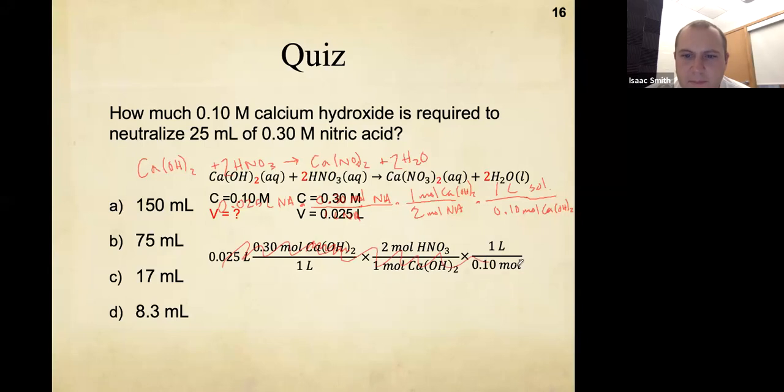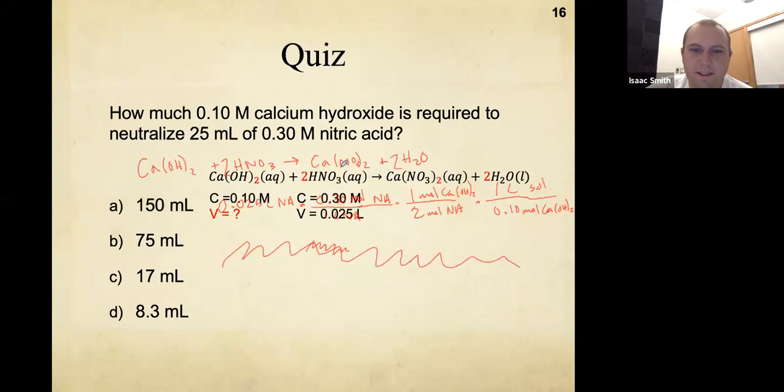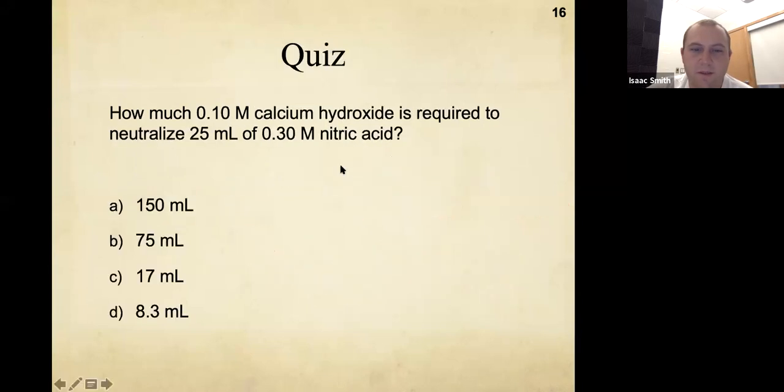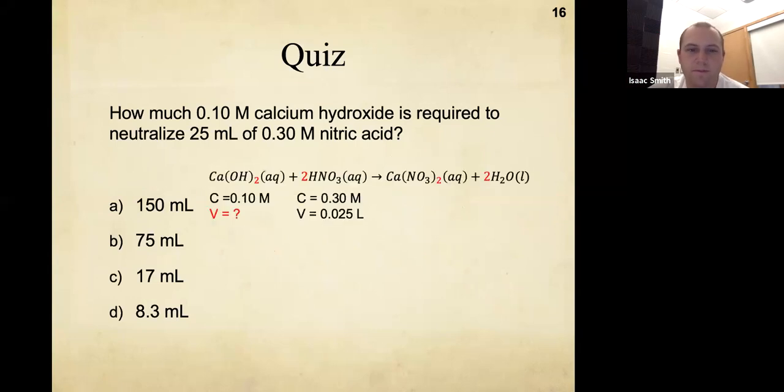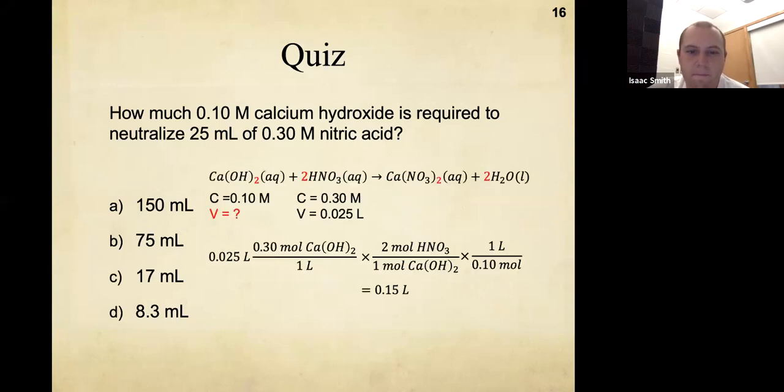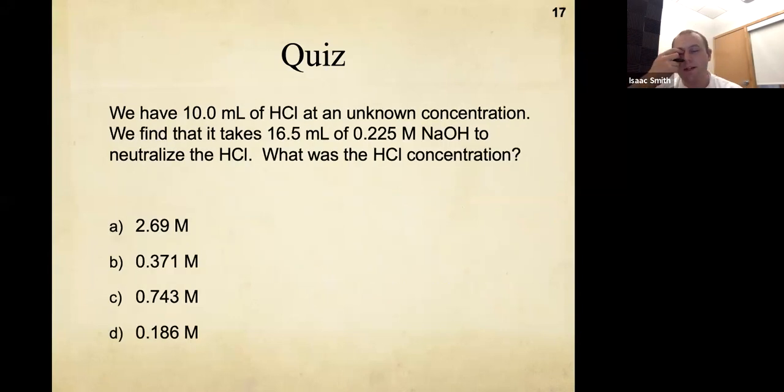I kind of messed this up. What I wrote before was better. Oops, so the answers might be off, but we got through the process, and that was the important part. Go ahead and pause the slide and try this one out as well.